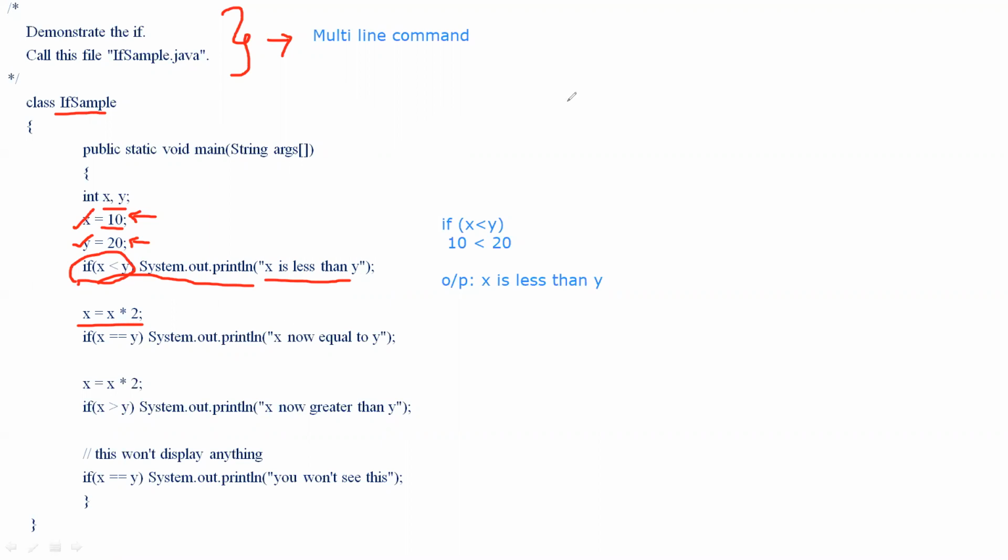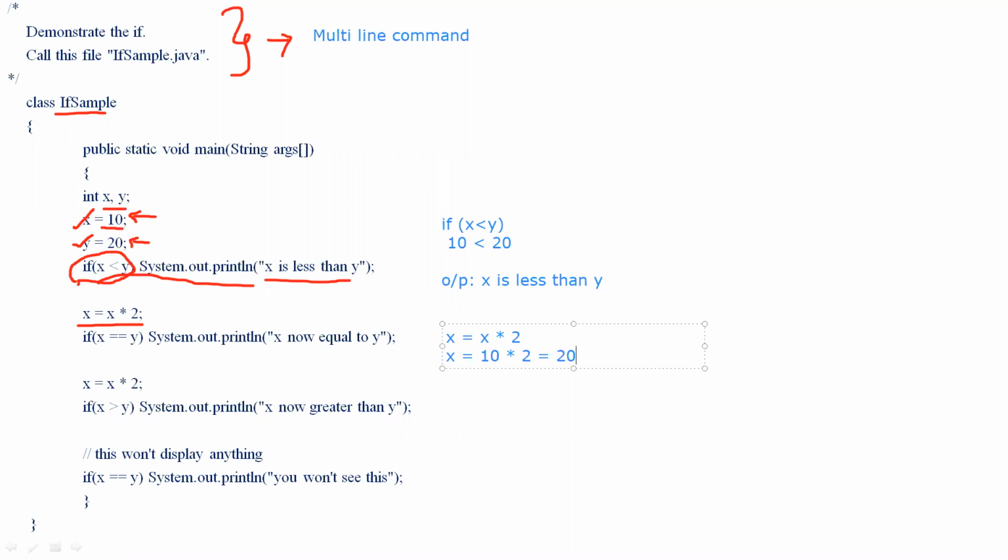Here the value of x is assigned the initial value of x multiplied by 2. So now the value of x becomes 10 into 2, which equals 20.